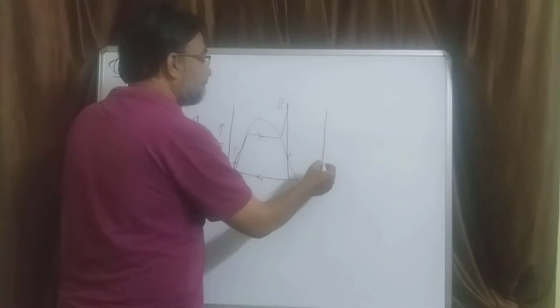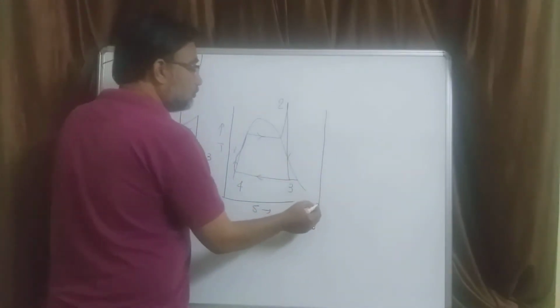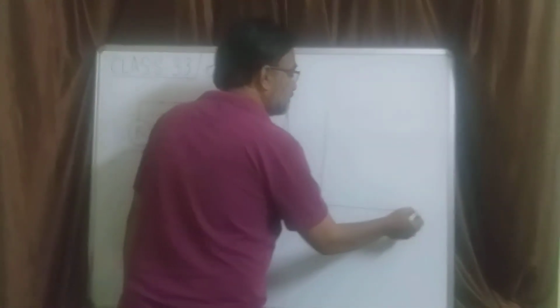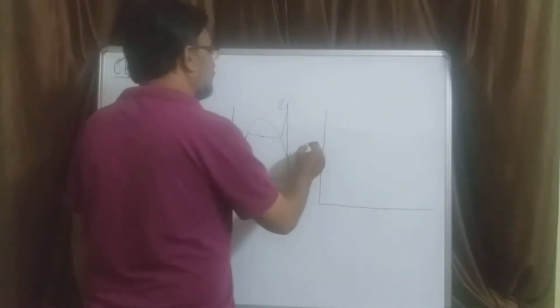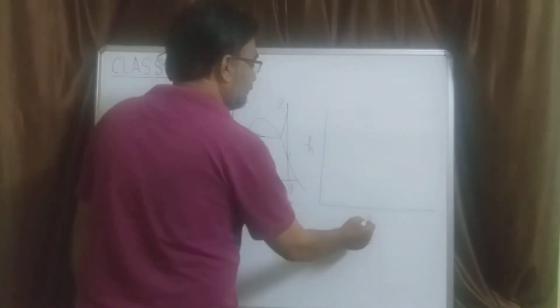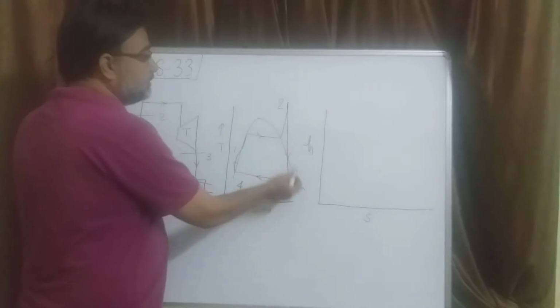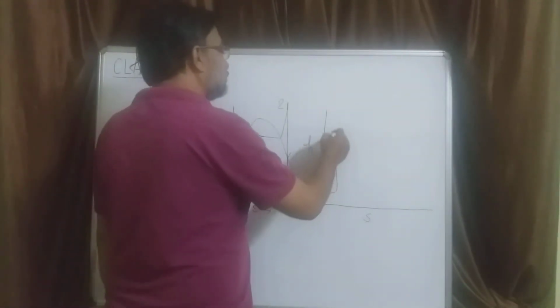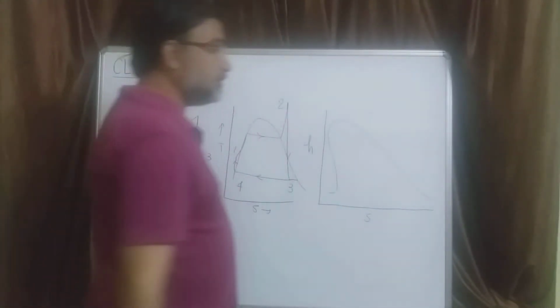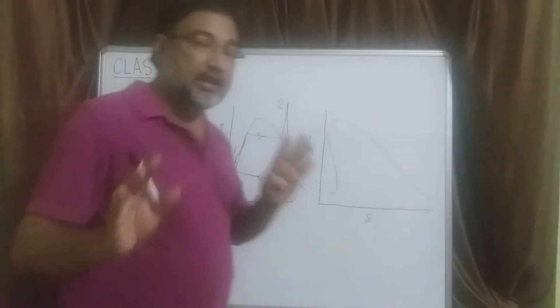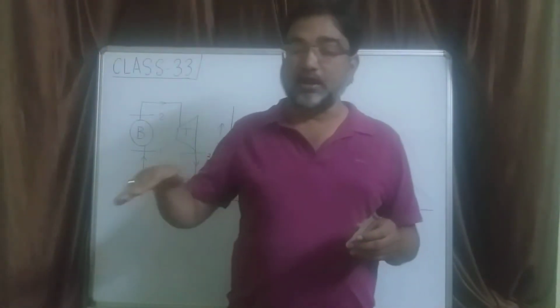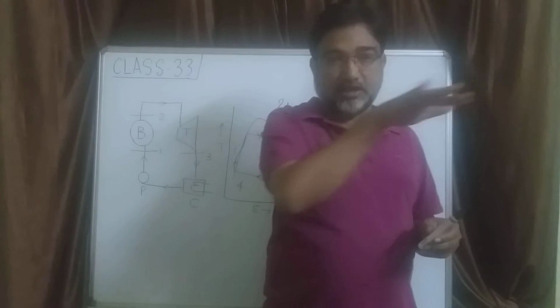Then if you represent the processes in the HS diagram, now you know the dome in the TS diagram is like this. In the HS diagram, the constant pressure lines are like this with a step in between.